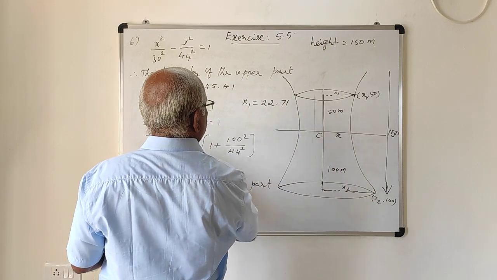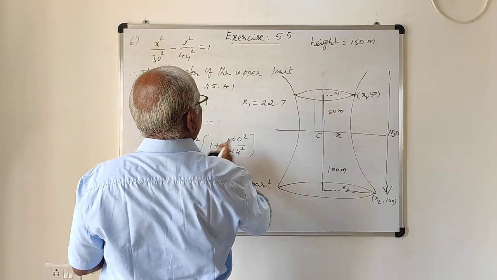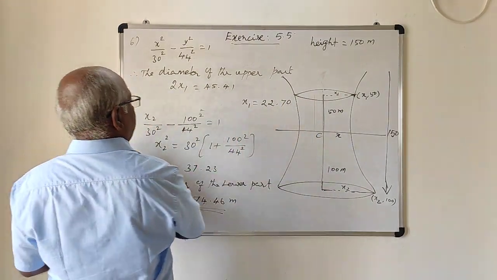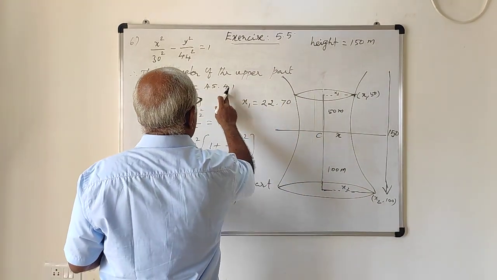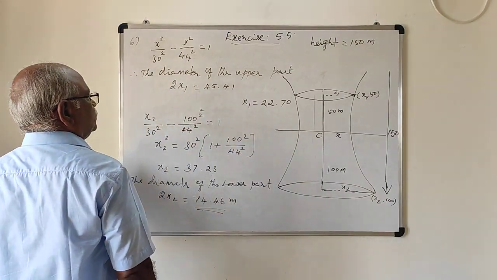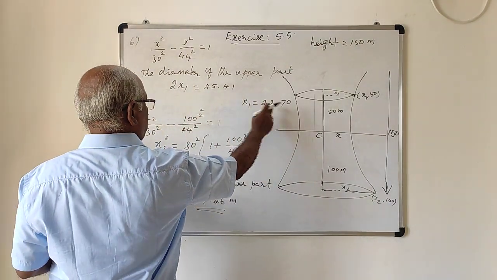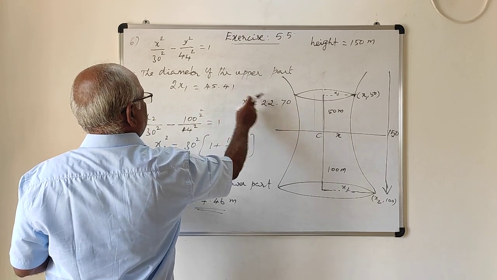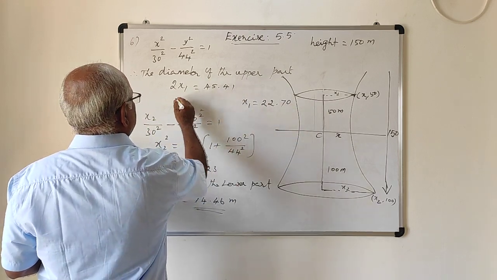Multiplying by 2 you get 45.4. This is 2x2.